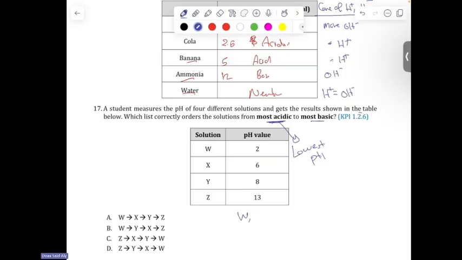Then after W, it's X because pH is 6. Then most basic means the concentration of hydrogen decreases and the OH increases, so it's number 8 or Y, and the highest one of the most basic is Z or number 13. Now check, the correct answer is letter A.